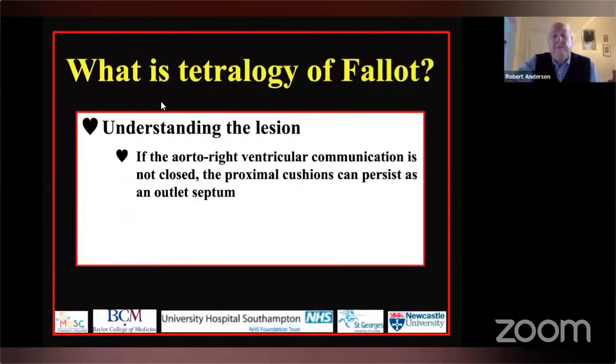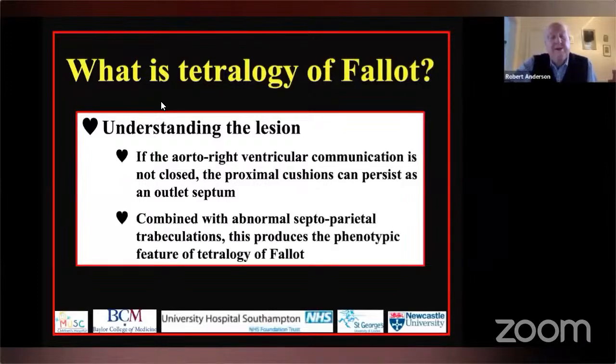So you've seen what happens during normal development. Those proximal cushions become the infundibular sleeve. You've also seen already, however, that if the aorto-right ventricular communication is not closed, then those cushions can persist as an outlet septum. And that's now what we're going to look at again in the setting of tetralogy of Fallot.